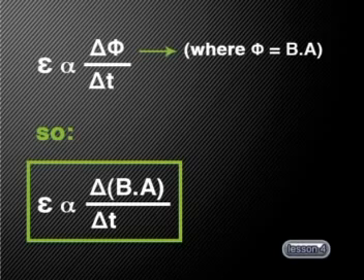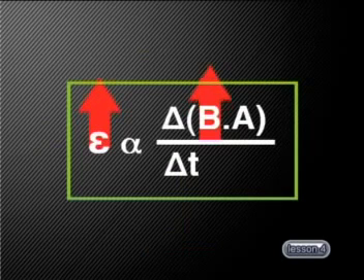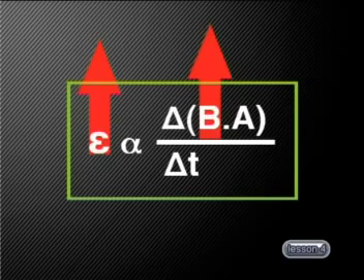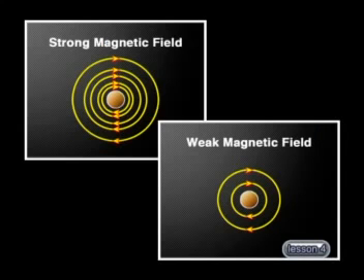Now, looking at this expression of Faraday's law, can you suggest any other factors that will affect the induced EMF? Can you see that the magnetic flux is dependent on the strength of the magnetic field B? If we make the magnet stronger, we will increase the magnetic field.